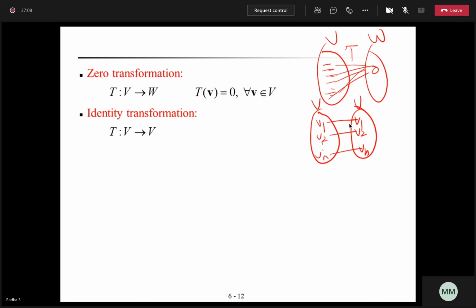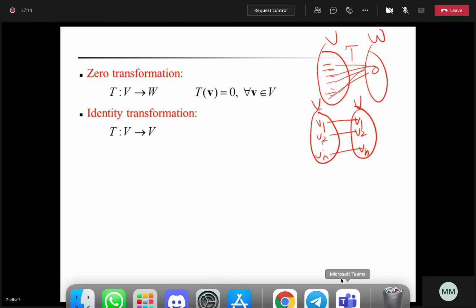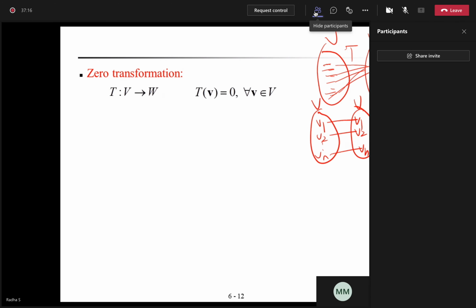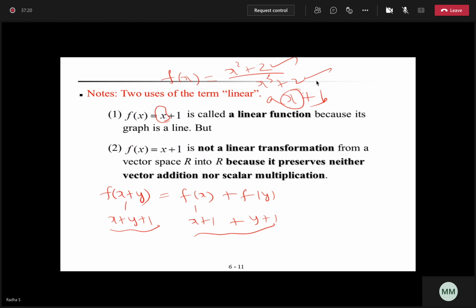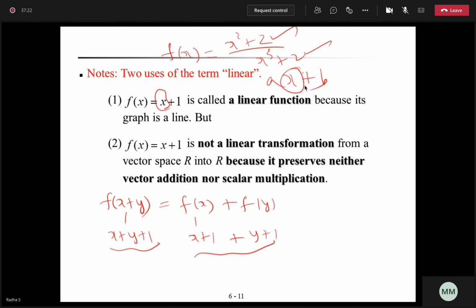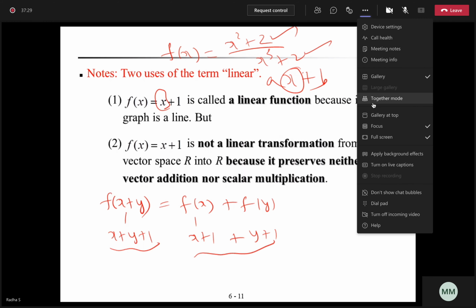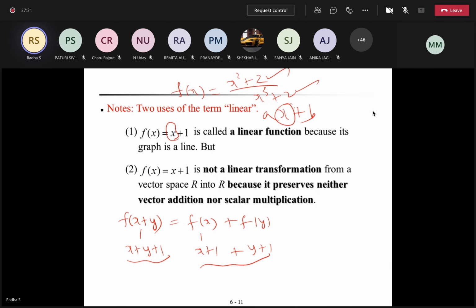Ma'am, in the previous slide, I did not understand the second statement which was given. Second statement. What is given? x plus 1 is not a linear transformation from a vector space R to R because it preserves neither vector addition nor scalar multiplication. See, even if vector addition, I told you right here, this is vector addition, not preserved.